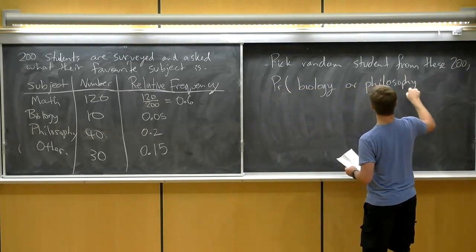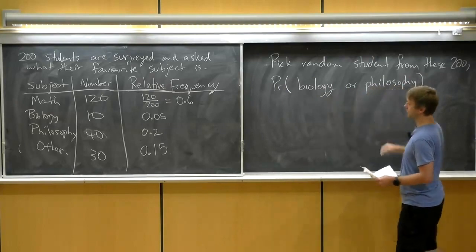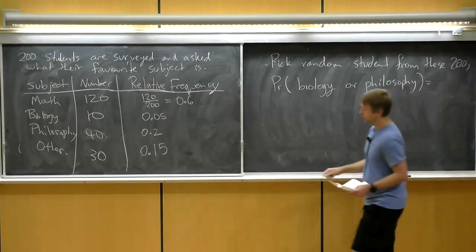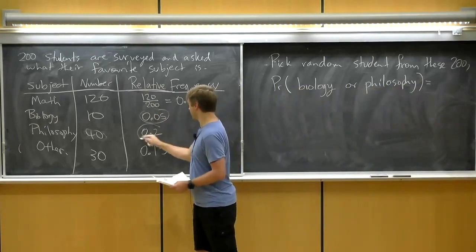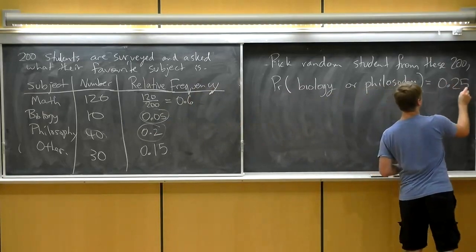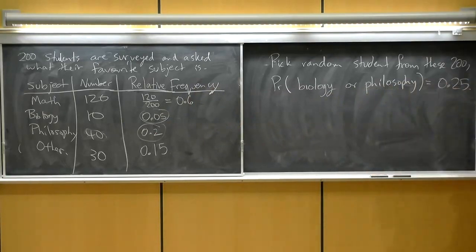When I say like, I mean that biology or philosophy is their favorite subject. Then you would just add up these two things and get a 25% chance.